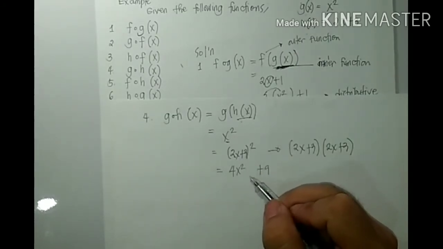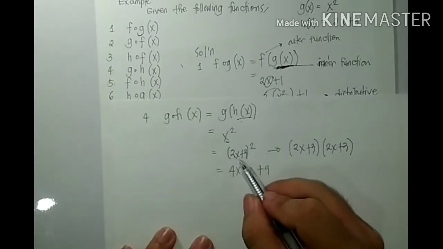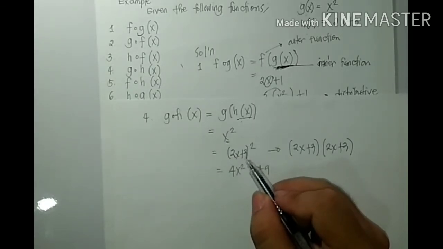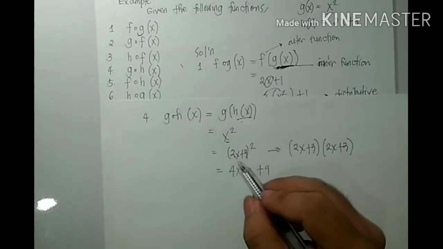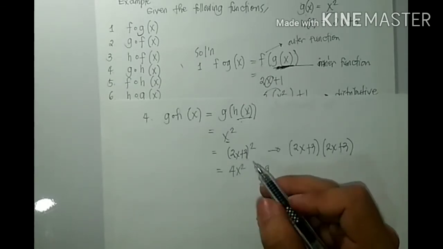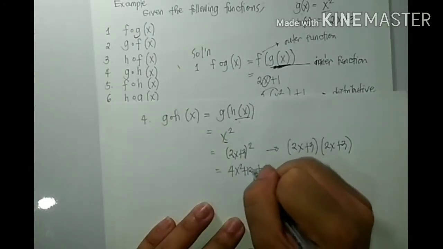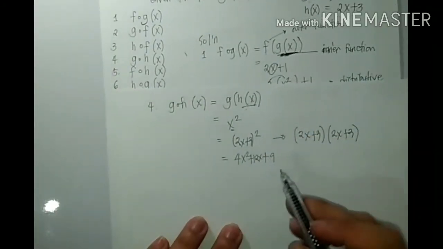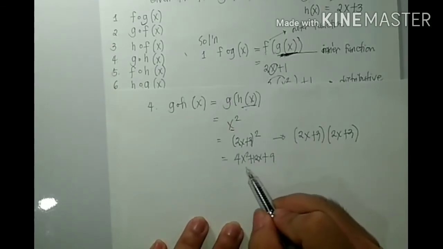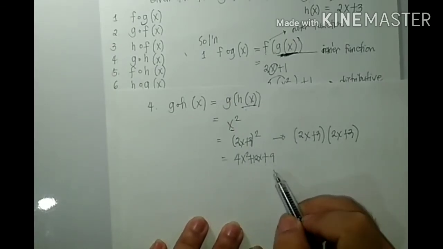So, ang answer is 2x plus 3, this is, or 2x times 3, this is 6x. 6x plus 6x, that is 12x.